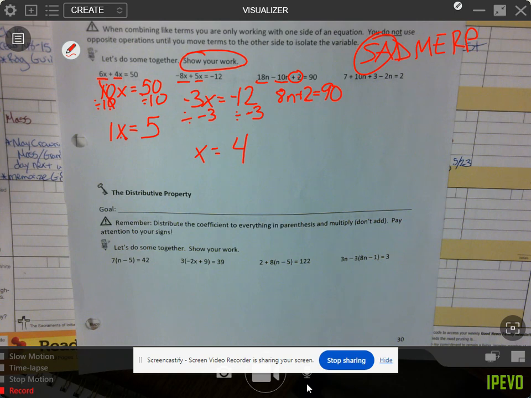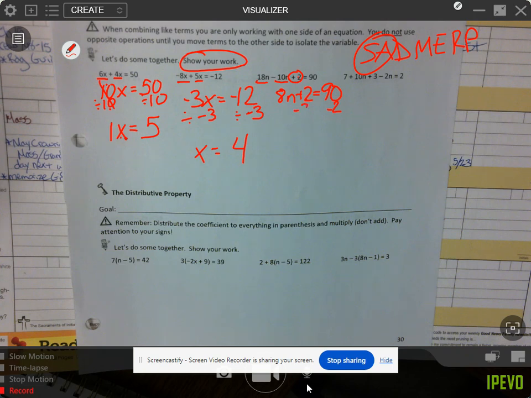So what do I have to do first? I'm not worried about the 8 because the 8 is multiplied. 8n is 8 times n. I want to look to see where I have adding or subtracting. And remember, if I'm going to the opposite side of the equal sign, I have to do the opposite operation. Lucas, let's go. 90 minus 2. Get 88. I'm not just subtracting 2 from 90.